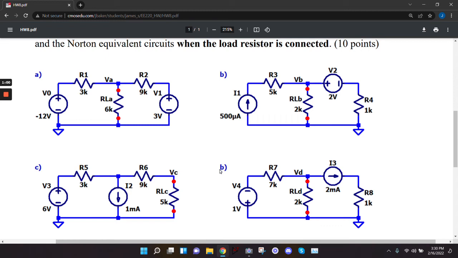I'll start with the first one, the first B. I shouldn't have even pointed that out. No one would have noticed. All right, so let's do B, the first B, the original B. Maybe. We'll see.